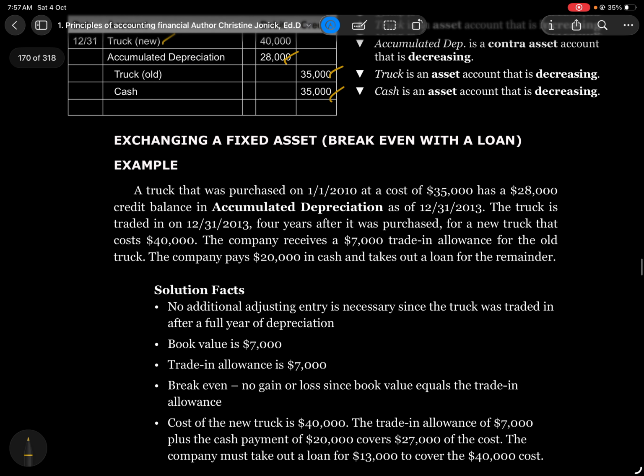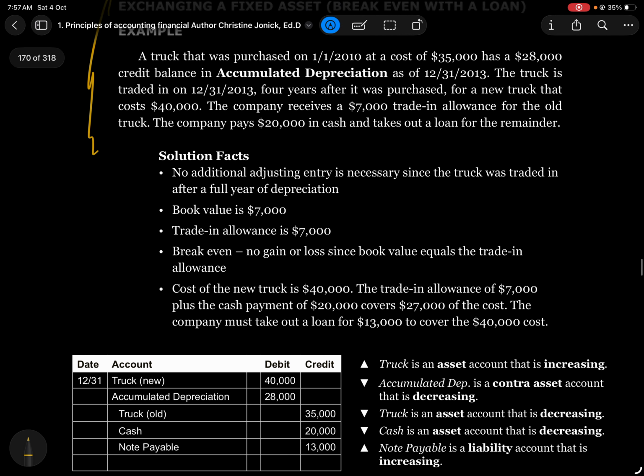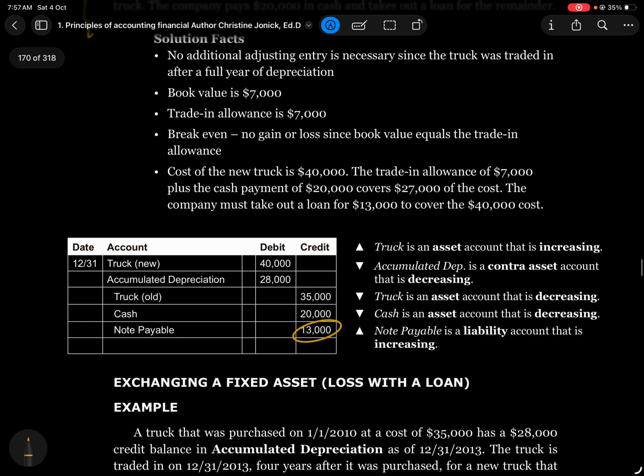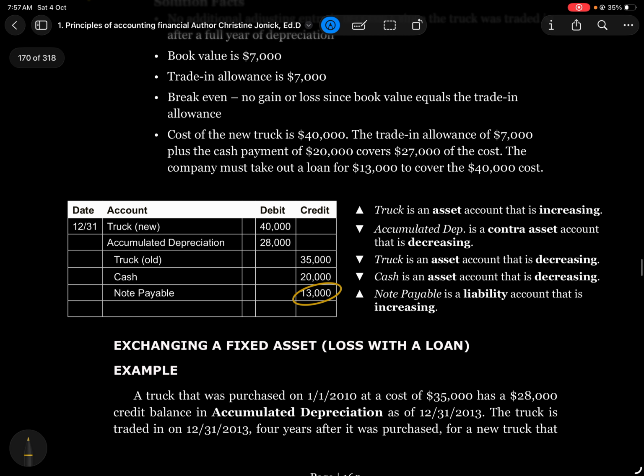There might be a scenario where we are exchanging fixed assets even with a loan. In that scenario we will need to book a loan payable or any loan-related account. It could be a note payable, or another kind of loan. So we are recording that we are only paying 20,000.